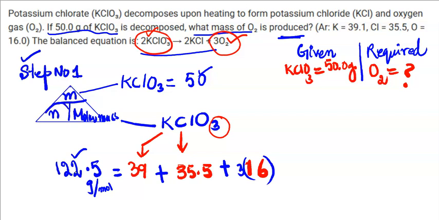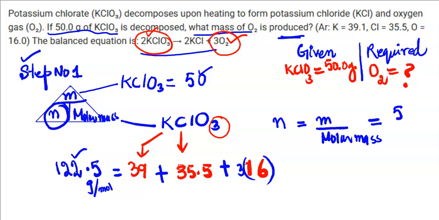Now, how can you find N? N is equal to M over molar mass, right? We get it from the triangle.